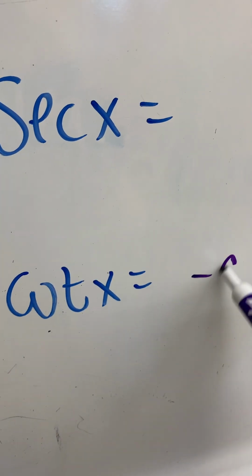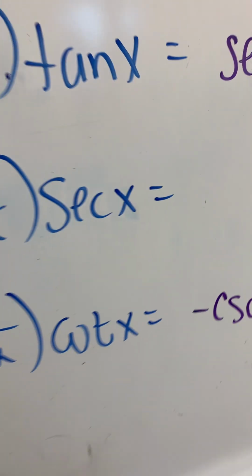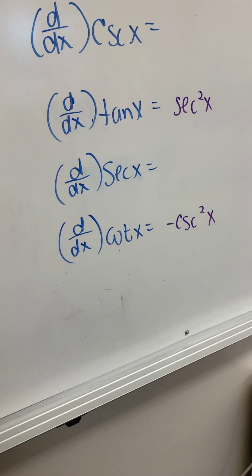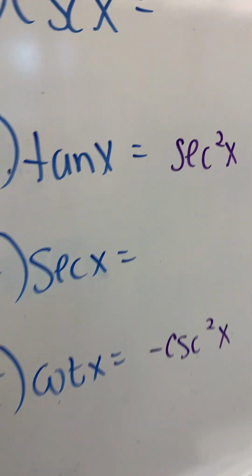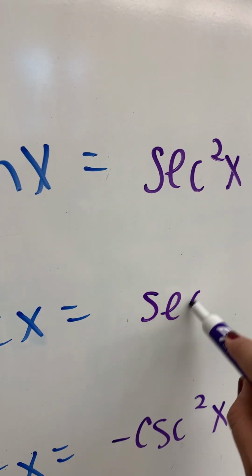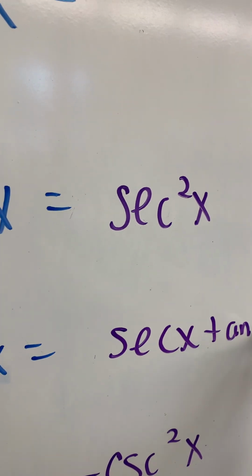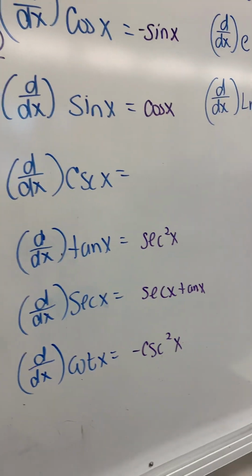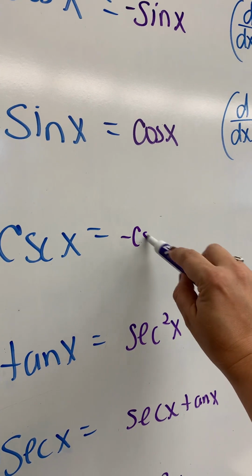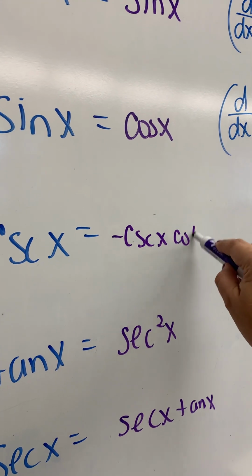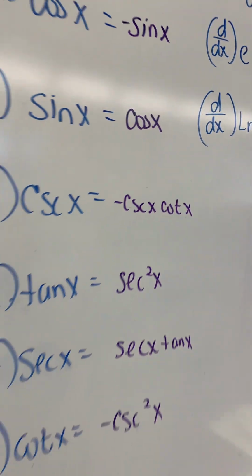Cotangent ends up being negative cosecant squared x. The derivative of secant is secant x tan x. And the derivative of cosecant is negative cosecant x cotangent x.